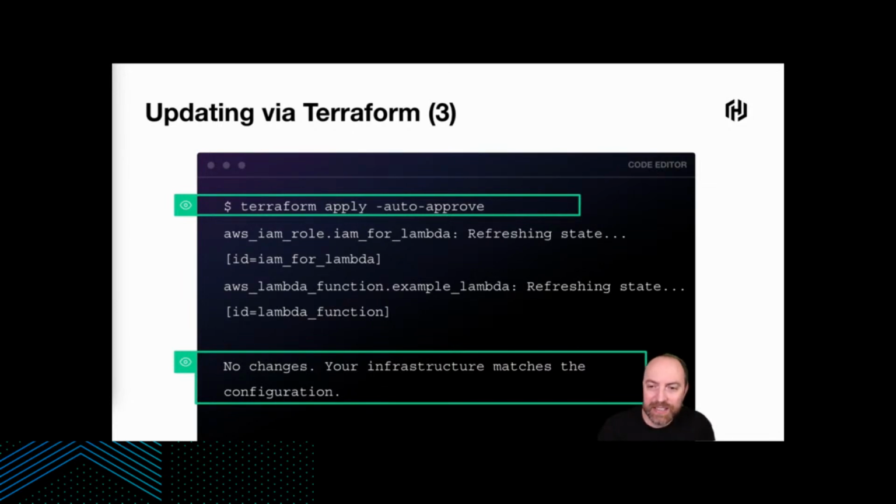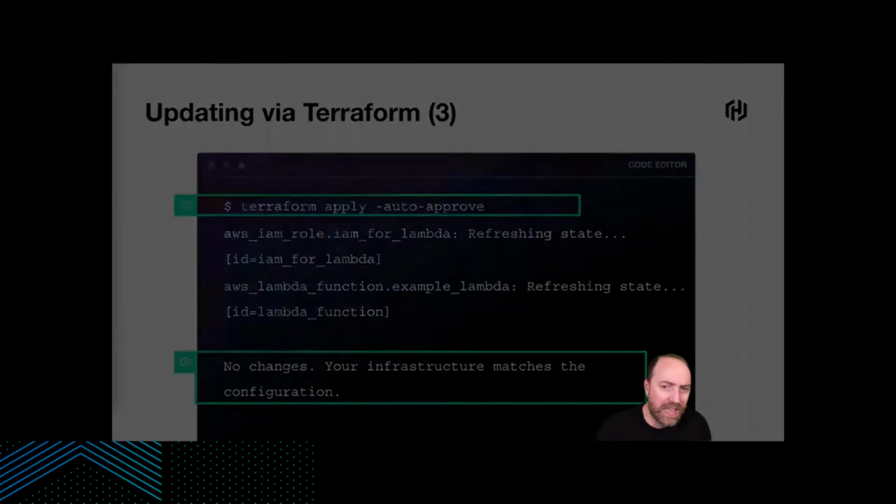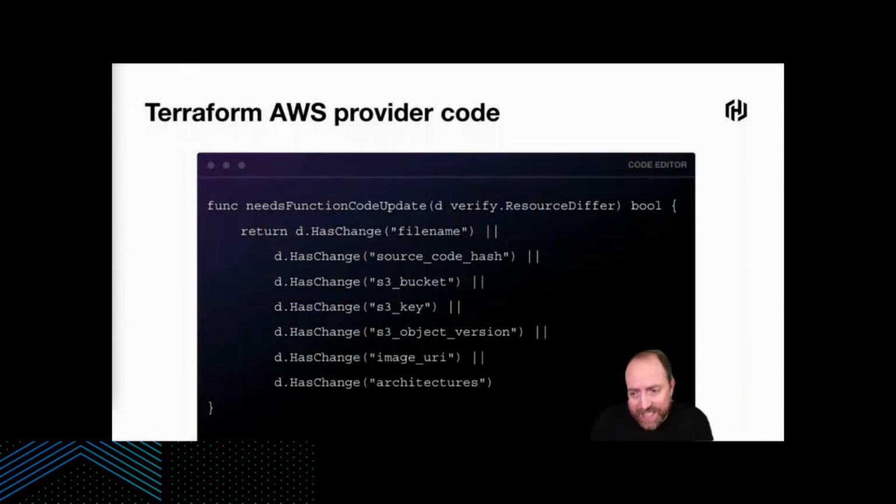So I want to dive into the Terraform provider for AWS and see, how does it decide that something has changed? And I found this one function. I think I've trimmed it a little bit, but I kept the important bits. You can see here these are the things that detect if the Lambda function needs the code package shipped back up to it.